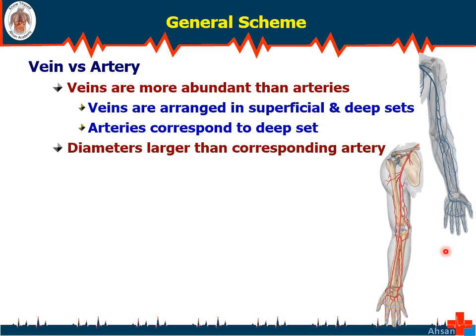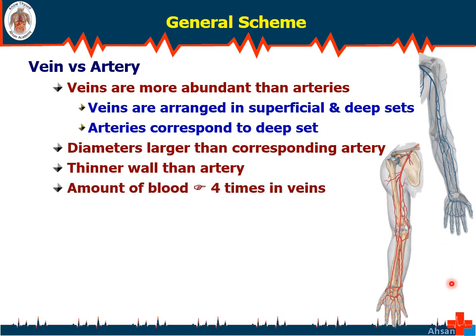Veins are usually larger in caliber than the corresponding arteries. You see, if you compare the brachial artery with the brachial vein, the vein is more dilated. The wall is relatively thicker in the artery, and the vein has a thinner wall than the artery.